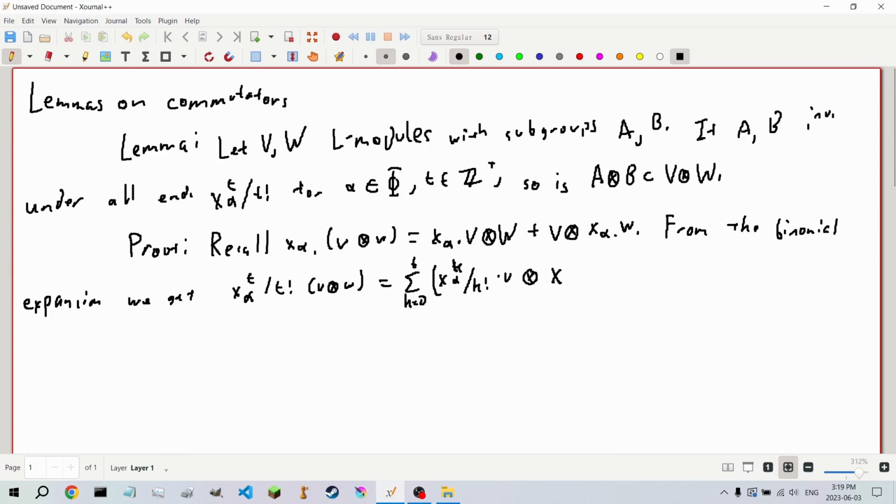So x alpha to the t minus k, the rest of the x's, of course, over t minus k factorial are going to be acting on W. And of course, if V is in A, W in B, the right hand side is in A tensor B.